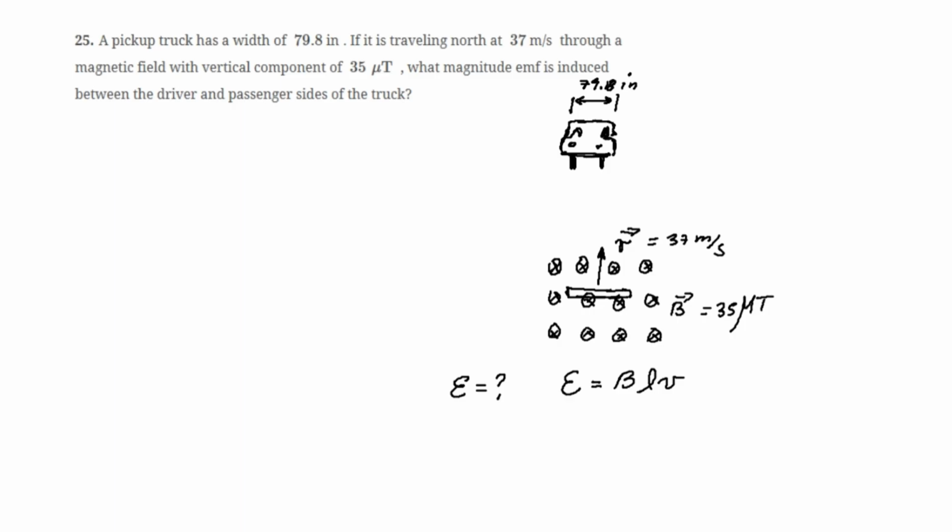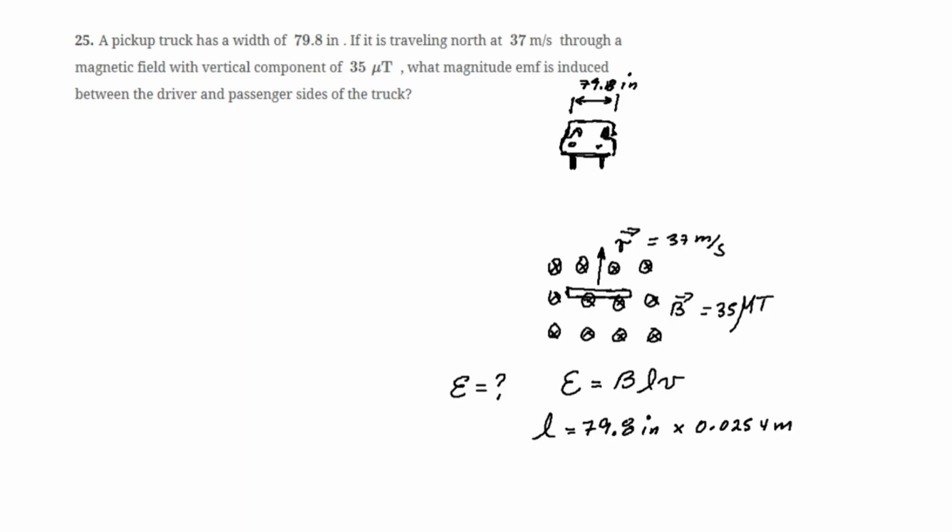Now, we know that this length is in inches, so we can convert the inches into meters. So we have 79.8 inches times, now look at this, 0.0254 meters per inch.